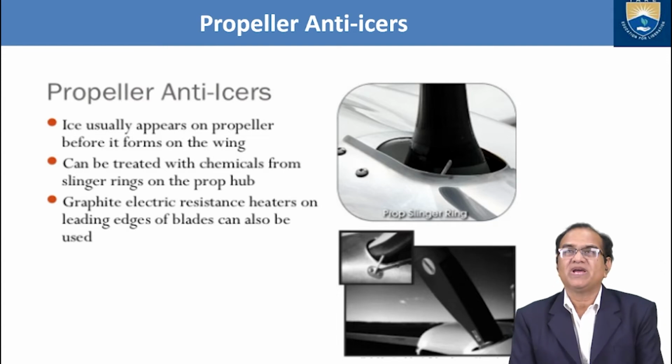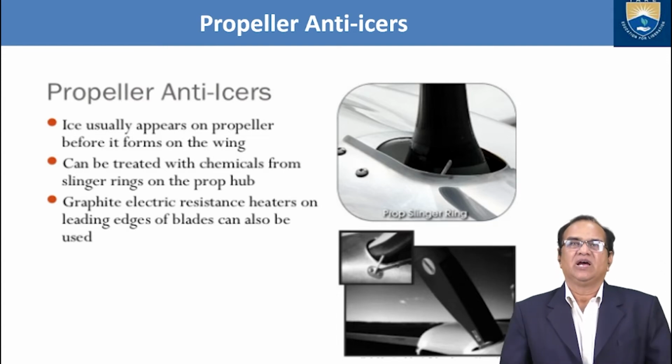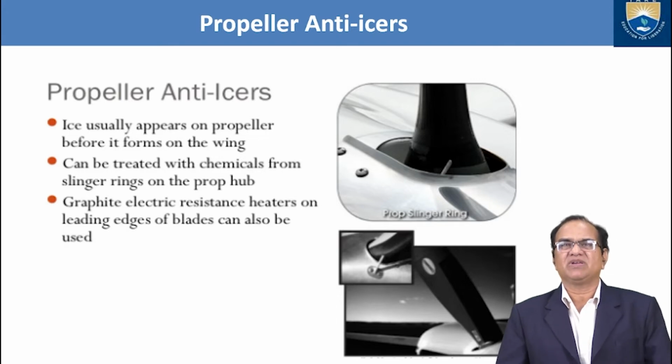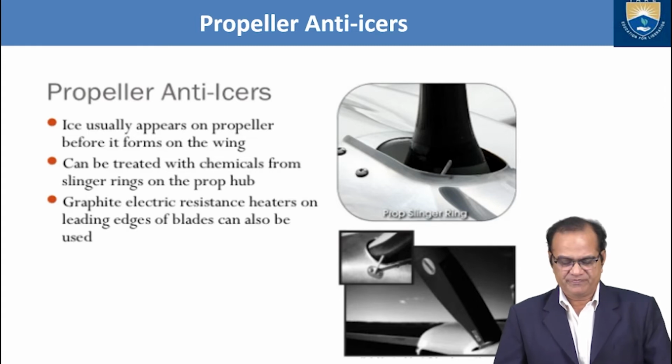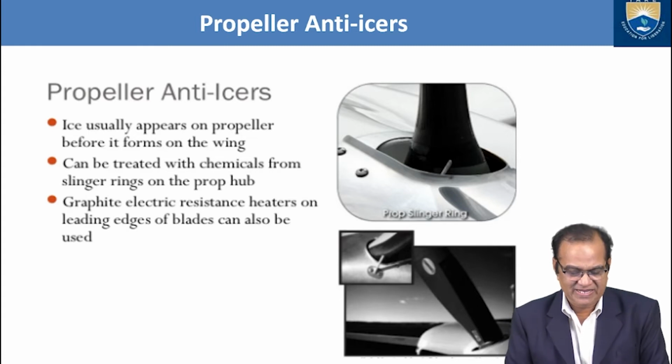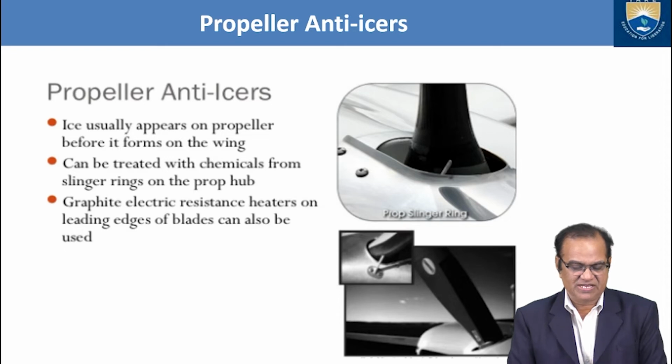Now propeller anti-icing. Ice usually appears on the propeller before it forms on the wing. So first it will appear on the propeller. It can be treated with chemical from slinger rings on the prop hub. Graphite electric resistance heaters on the leading edge of the blade can also be used.